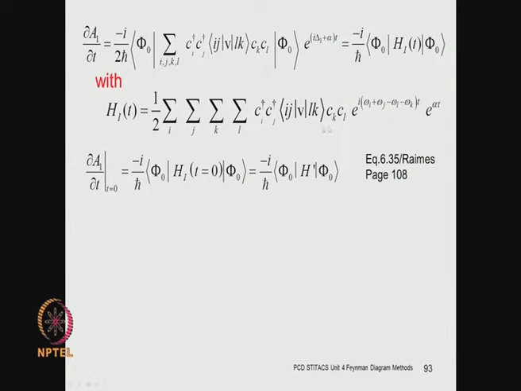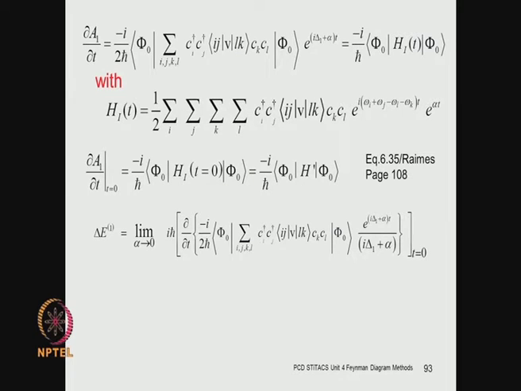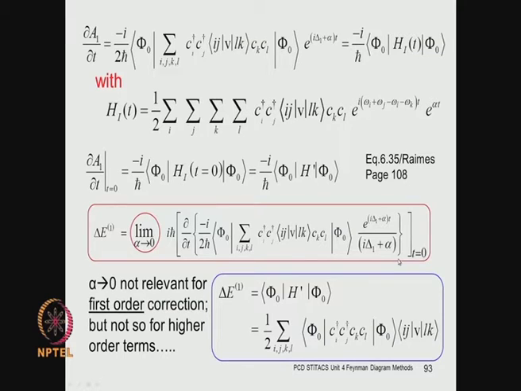So, HIT is this, and now you have to take the time derivative at t equal to 0. So, what happens at t equal to 0? At time t equal to 0, you take the time derivative of this term, and essentially you find that alpha really does not matter.